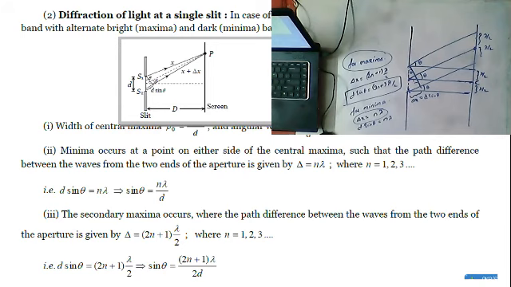Here d sine theta is equal to n lambda. From this we can write sine theta is equal to n lambda by d, and sine theta is equal to 2n plus 1 lambda by 2d. Those are all the formulas. I hope you all understood. These are simple basic formulas only. There are no big problems from this diffraction topic.